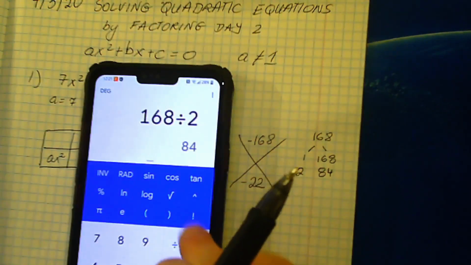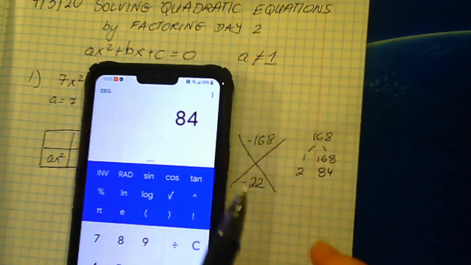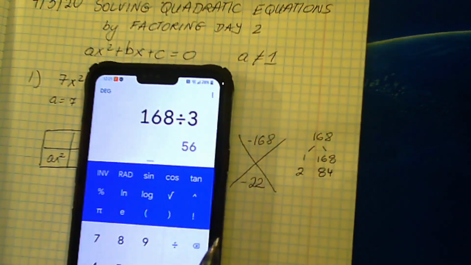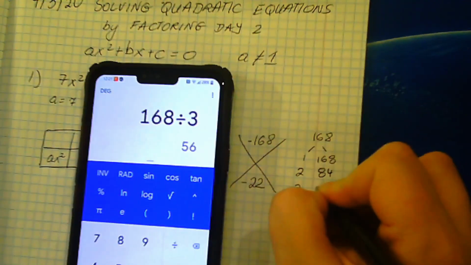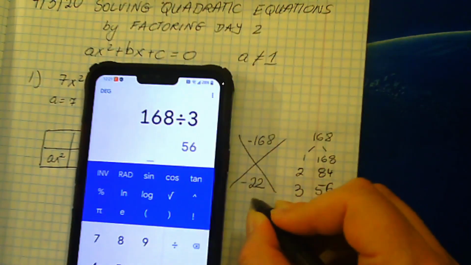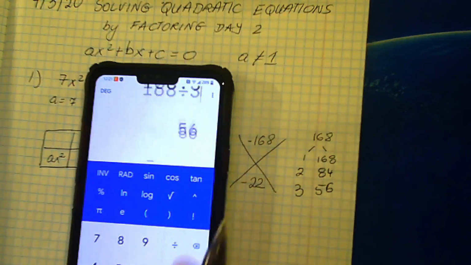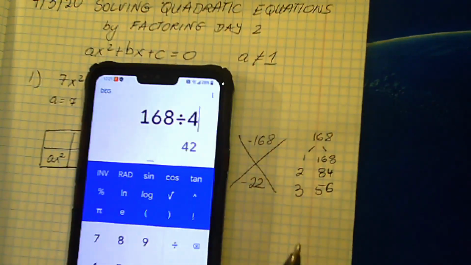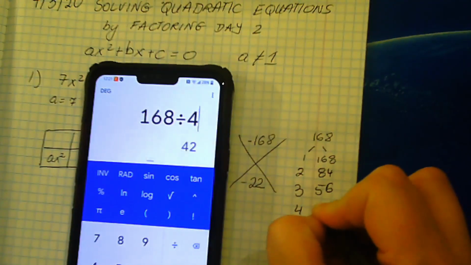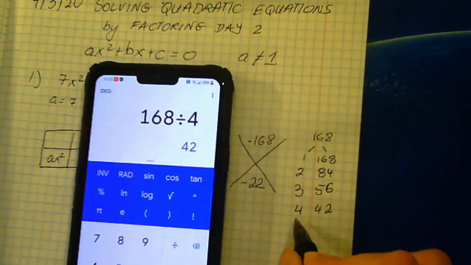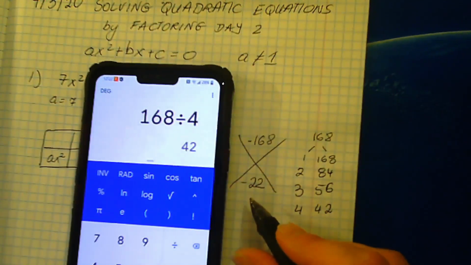Okay, so next one will be 168 divided by 3. Okay, 56. 56 and 3. Is that gonna give me negative 22? No. Alright, so then I do 168 divided by 4. 4 and 42. 42 minus or plus 4, no way close to 22.